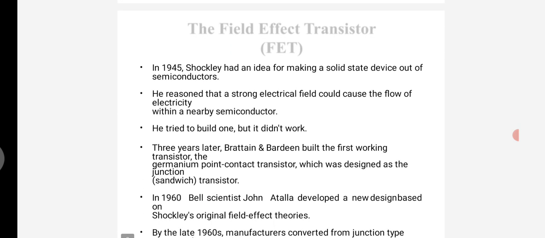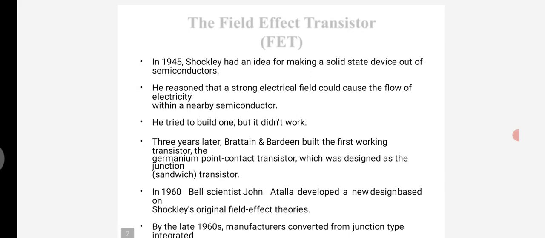So the first one is field effect transistor. In 1945, Shockley had an idea for making a solid state device out of semiconductors. The name of this scientist is Shockley. He gave an idea for making a solid state device out of semiconductors.